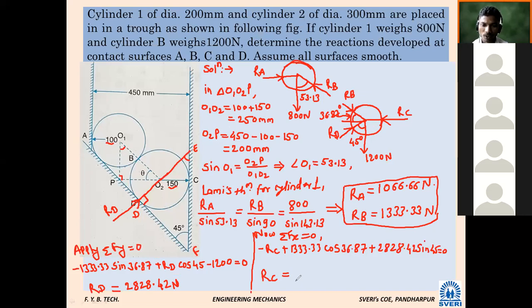The RC equation is with you: 133.33 cos 36.87 plus 2828.42 sine 45. In this equation RC will go to the other side, so it will become positive. Again different answers are coming.